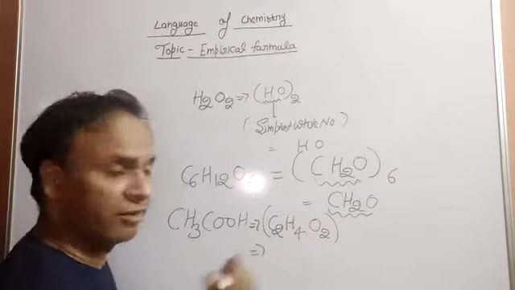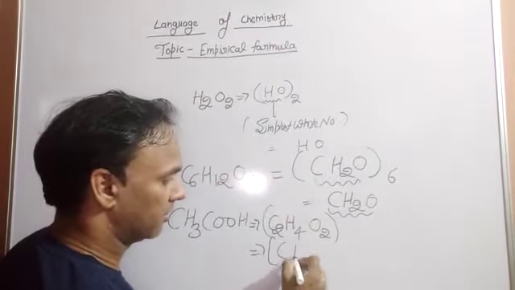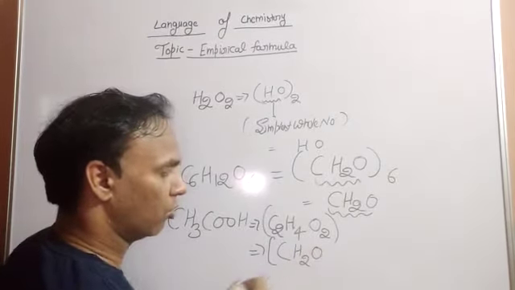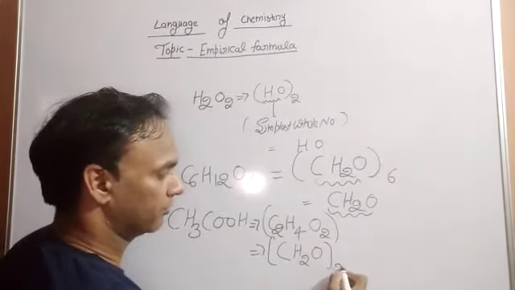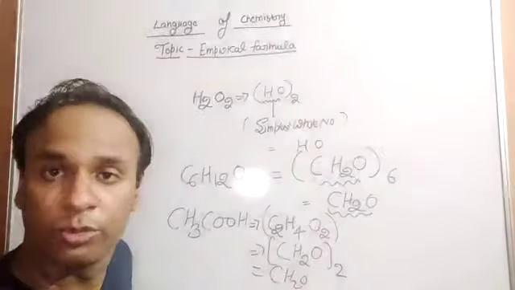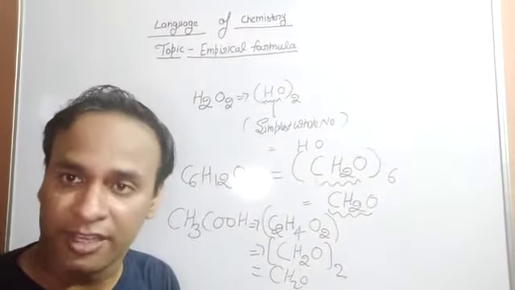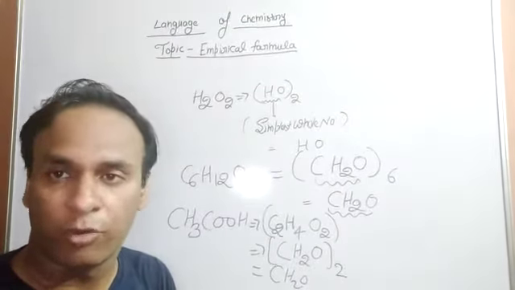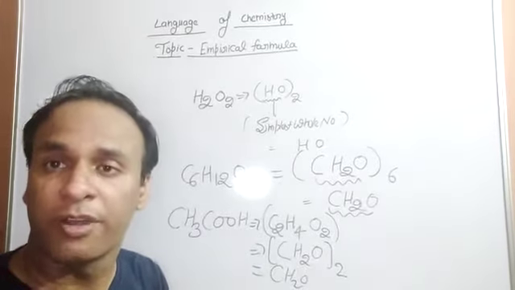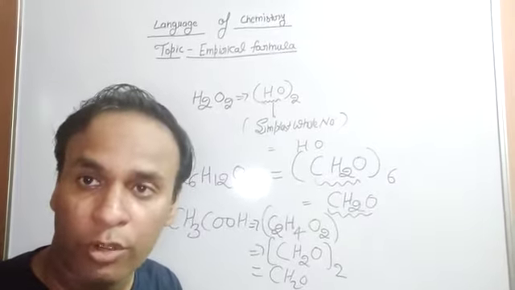Now simplify, take 2 common, CH2O whole twice. That means CH2O is also the empirical formula of acetic acid. This simplest whole number ratio is called the empirical formula of a compound or molecule.